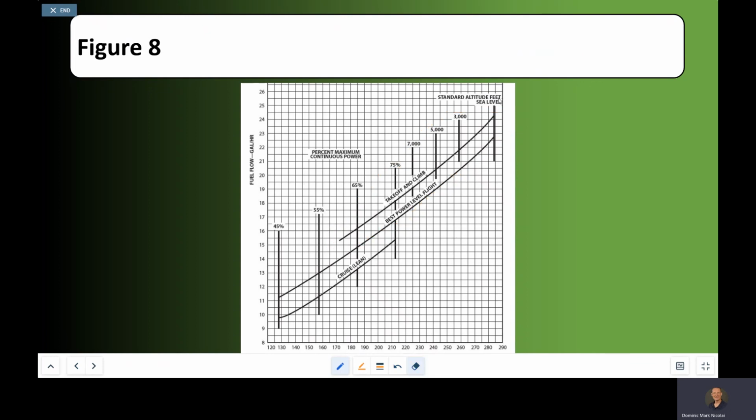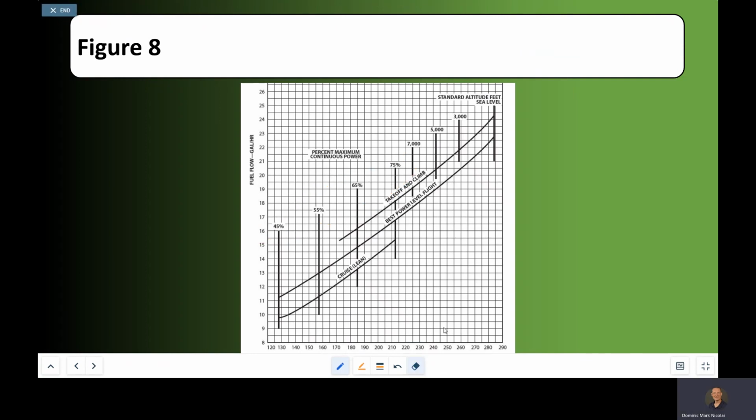For the most part, our vertical lines on the right side here, sea level, 3,000, 5,000 and 7,000 feet, are being used for the takeoff. Otherwise, our percents here are being used for cruise flight.